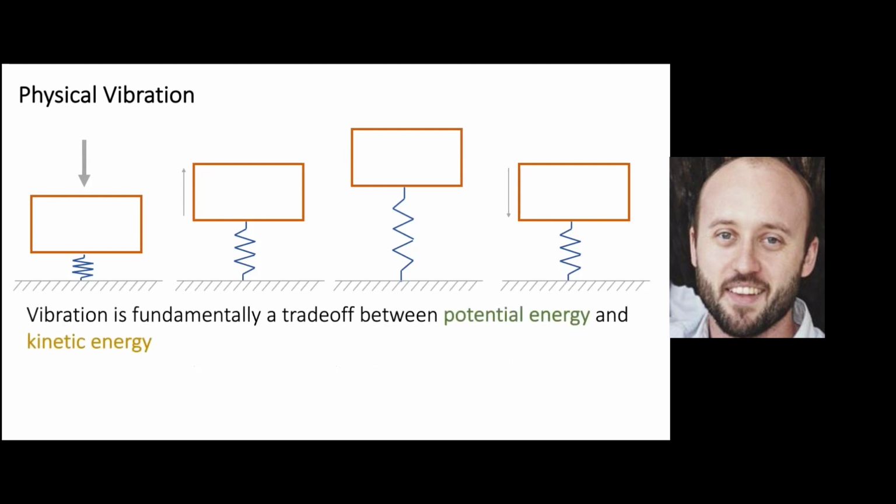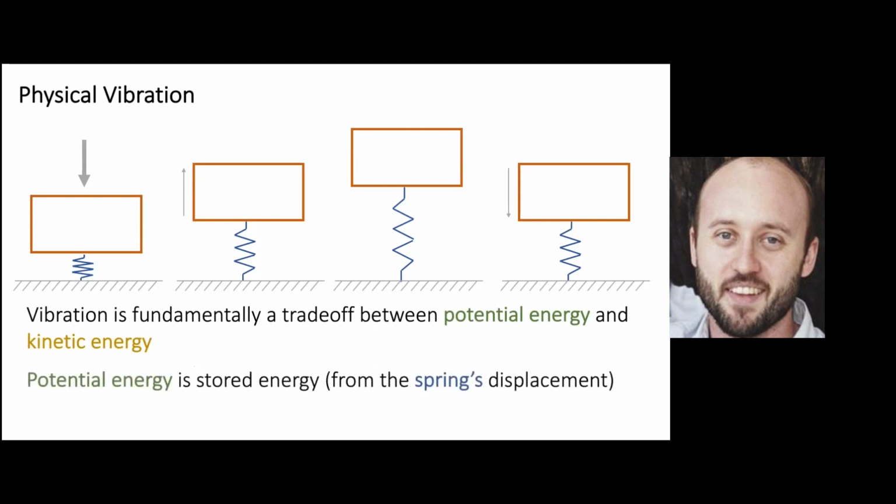It's because of these two concepts of what we call potential energy and kinetic energy. When we talk about potential energy, we're talking about energy being stored in the spring. So when we compress the spring or we extend the spring, we see that the spring itself is going to store the potential to add energy to the system.